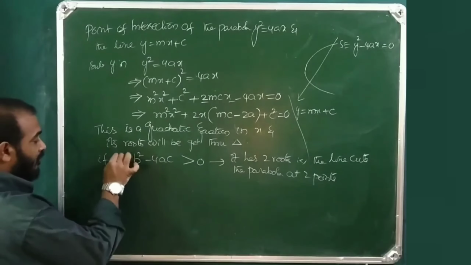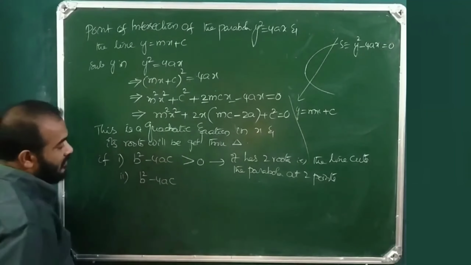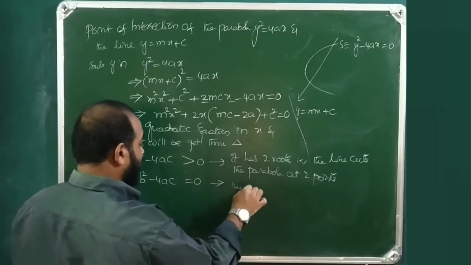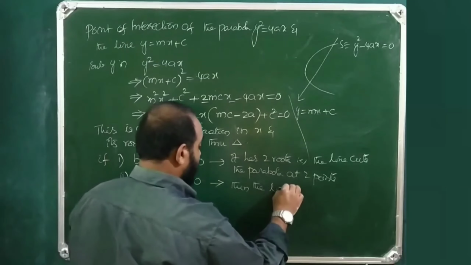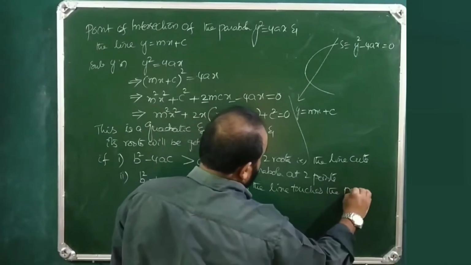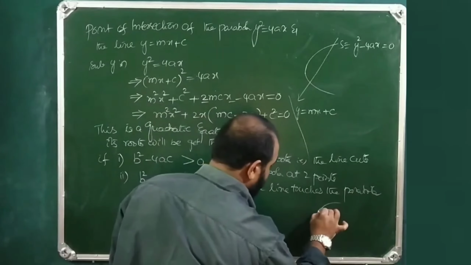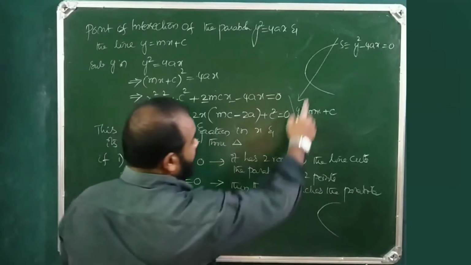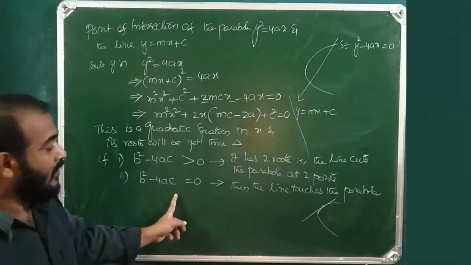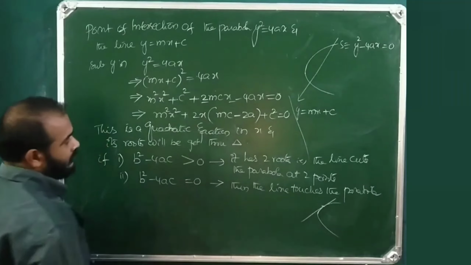In the same way, if b square minus 4ac equals 0, then the line touches the parabola. So what is b square here?